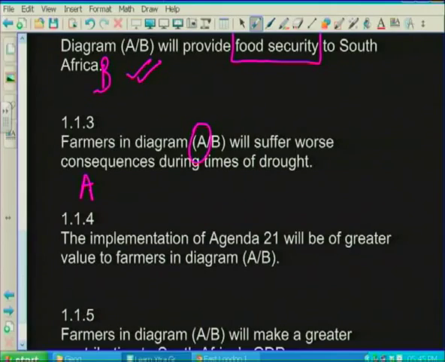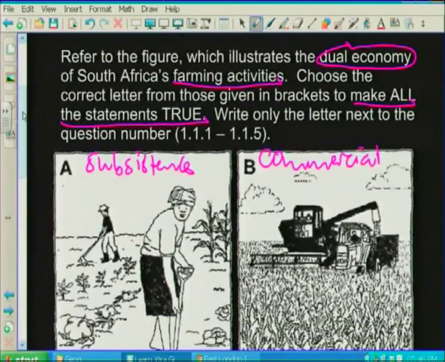1.1.3, farmers in diagram A or B will suffer worse consequences during times of drought. All right, now it depends from whose perspective you're going to answer this, because I'd say A, if all of her crops die, if her entire produce is gone after the drought, she's going to be hungry and starve. Right, so you could say A is the answer. But then some people might say, well, this poor farmer is going to go bankrupt if he loses his entire crop.